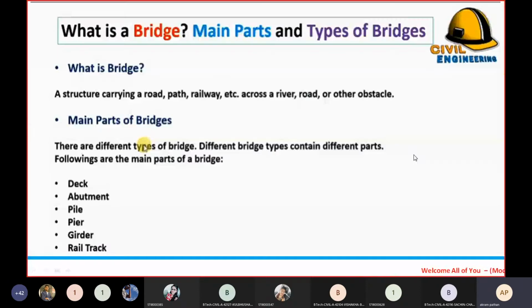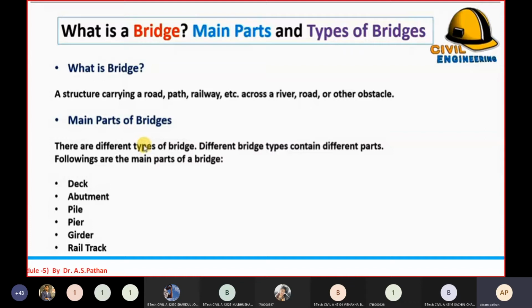Then we are going to discuss in detail what a bridge is, its main parts and the types of bridges. In the last slide we also saw what a bridge is. A bridge is a structure carrying a load, path or railway across a river, road or other obstacles.